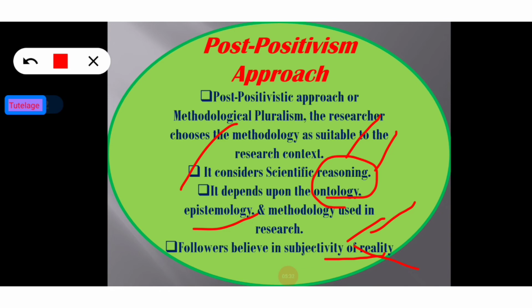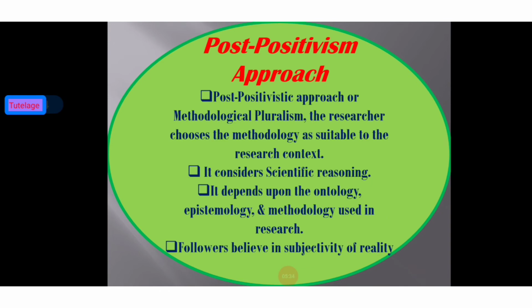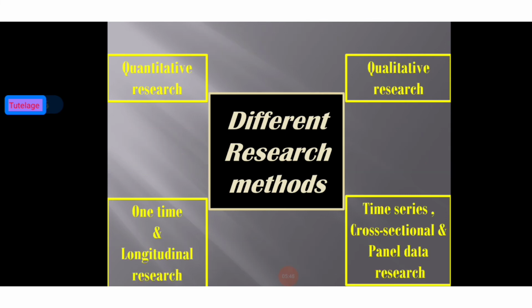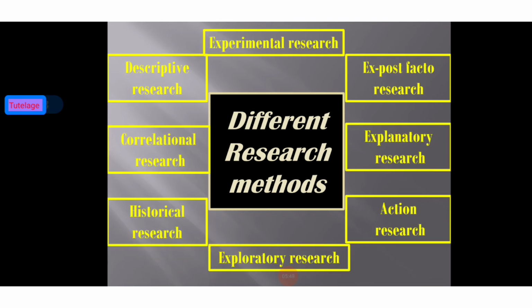Okay, so now move on to the next slide. So here we can see there are some different research methods. So 1, 2, 3, 4, 5, 6, 7, 8 and 9, 10, 11, 12. Okay, so today we are going to explain four research methods.